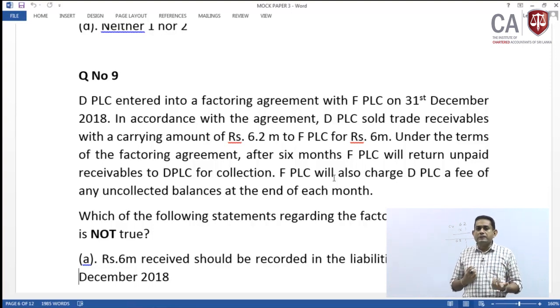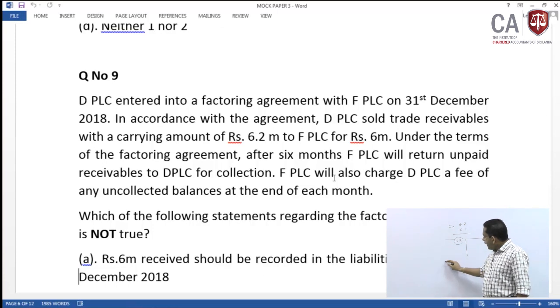If it is not a sale where the risks and rewards have been transferred to another party, you cannot derecognize. If it is not a derecognition, the selling company DPLC should continue to recognize the financial asset. And the proceeds you received cannot be sales proceeds, they should be loan proceeds. You should recognize them as a financial liability.